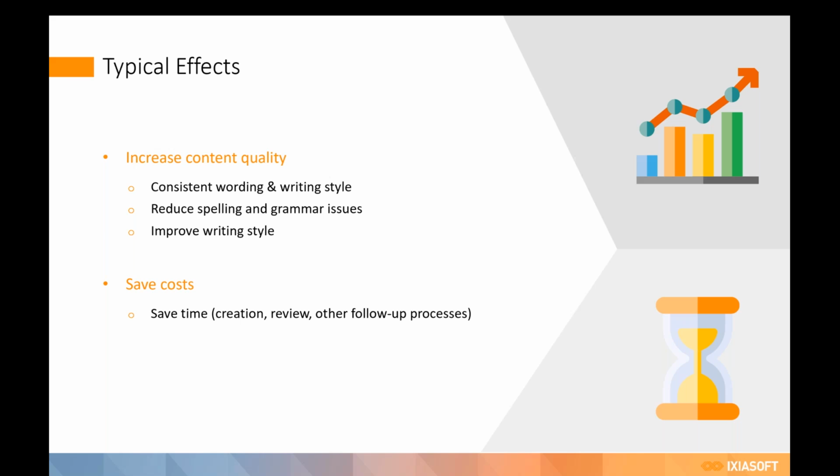So typos or grammar issues should not be underestimated when you make them in your content. By using authoring assistance, you can simply reduce them, especially if you use a rule-based language check, which is a very exact system.